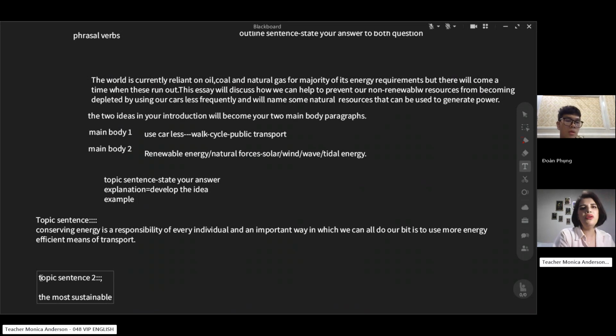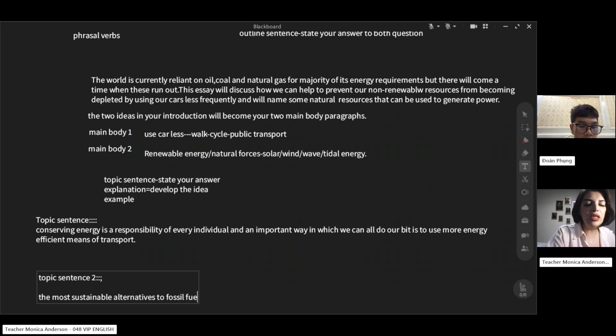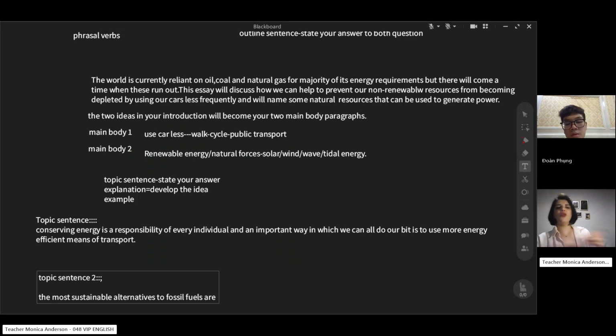It's something like endurable, supportable. So you can say that the most sustainable alternatives to fossil fuels are natural forces such as sun, wind, ocean.